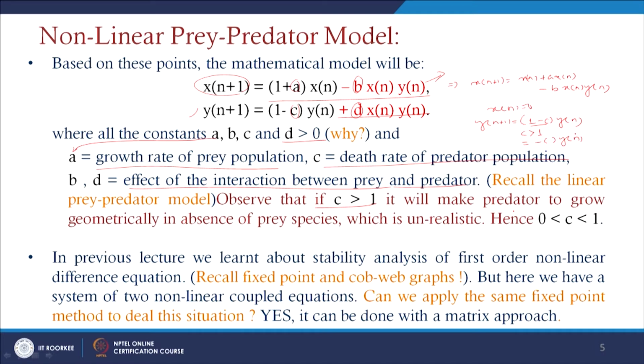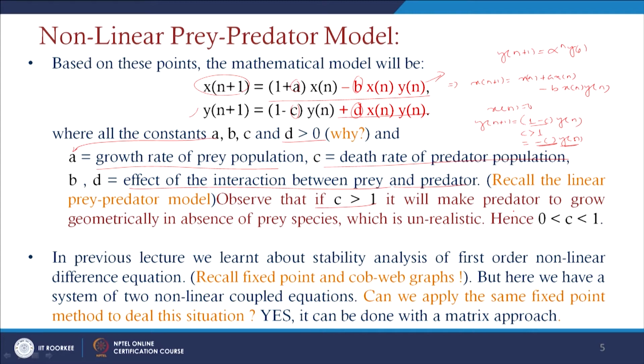In our earlier nonlinear growth model, we obtained y_{n+1} in the form alpha to the power n times y_0. This means it grows geometrically in the absence of prey species, and here it is growing negatively. Negative growth does not make sense, so it is unrealistic.